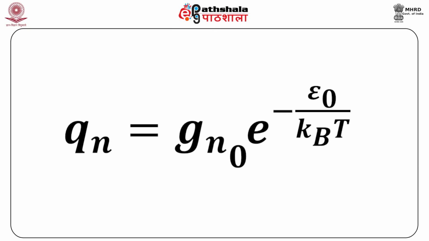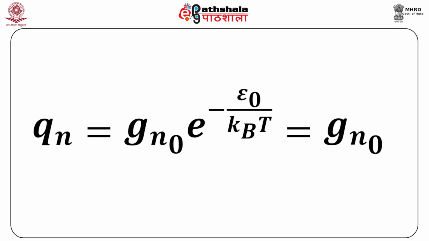If you recall, we showed in the previous module that the nuclear partition function is given by a general relation, Qn equal to Gn0 multiplied by e to the power minus epsilon 0 by kBT. We got this expression because nuclear energy levels are widely spaced apart, and therefore the contributions of higher nuclear energy levels can be neglected.